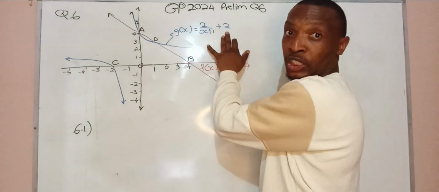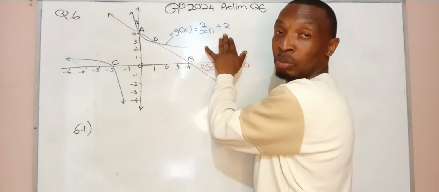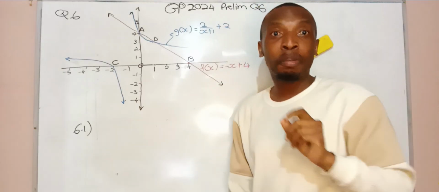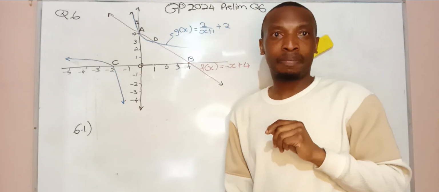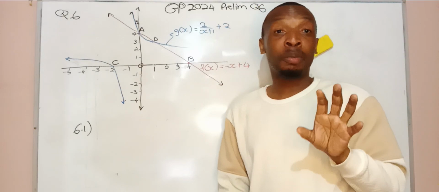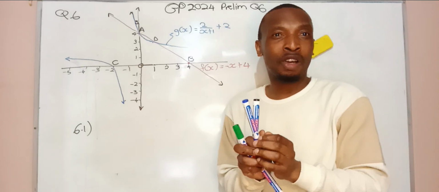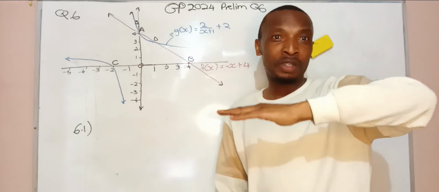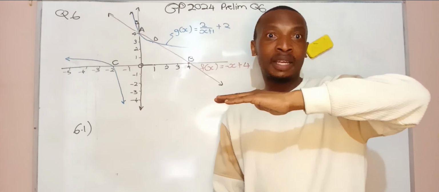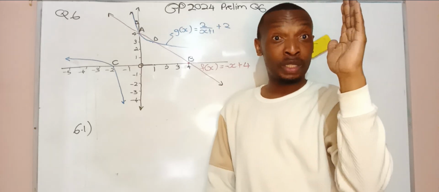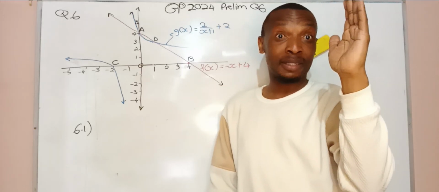So here's the equation. What does this plus 2 mean? You need to think back to the mother function. The mother function of a hyperbola, remember, is centered around the origin, meaning its horizontal asymptote is the x-axis and its vertical asymptote is the y-axis.